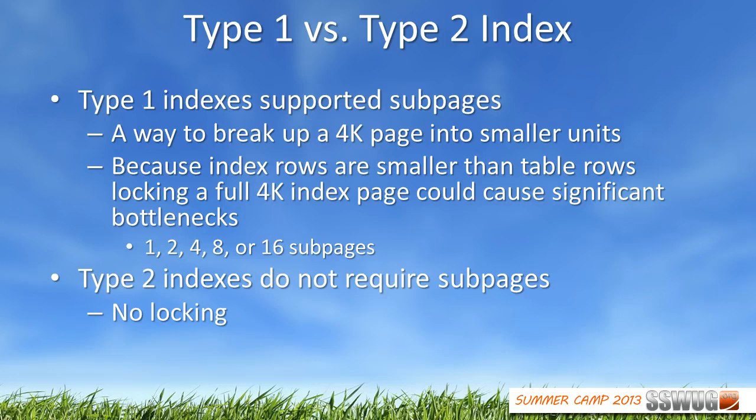You'd lock all 20, but you only had 4 locked on the actual data page. That could cause contention of simultaneous access. So you'd break up that index page into 2, 4, 8, or 16 subpages. Type 2 indexes removed the subpaging, so you didn't have to worry about it because there's no index locking. It's generally more efficient, and it solved a huge, major problem for DB2 applications.